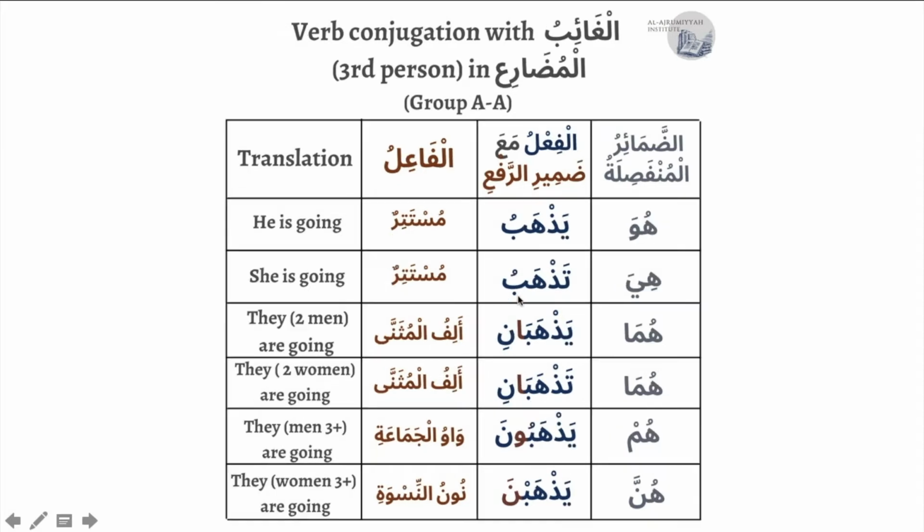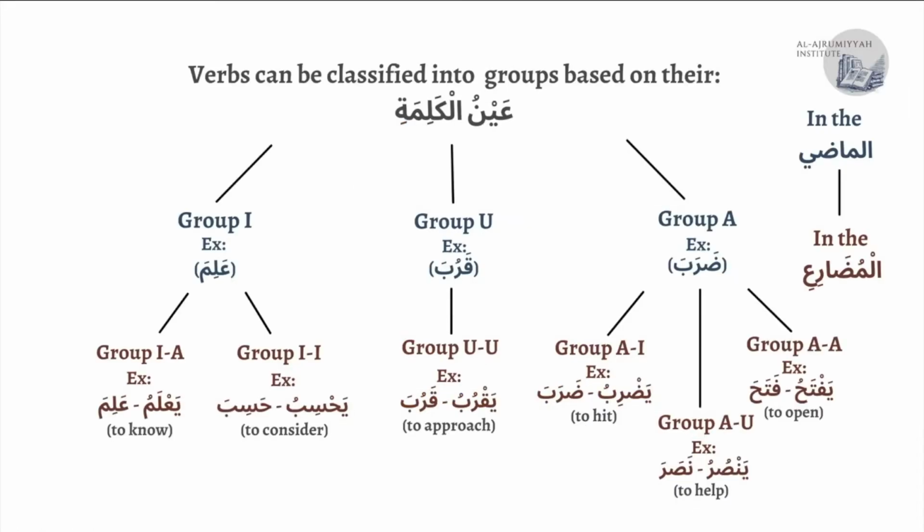We're going to go into details on that also. And then the ayn kalima, which is the middle letter of the verb, in here it's ha. This letter is either going to change or stay the same depending on which group it is, as we covered in the previous video.